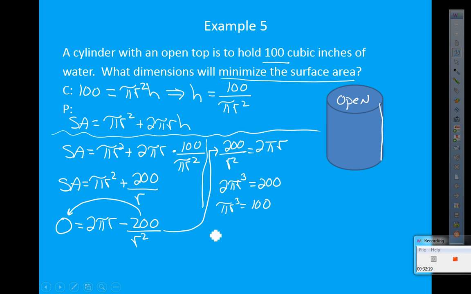To figure out what r is going to be, 100 divided by pi cube rooted. So I'm just going to take that to the 1/3 power. If you run that through, guys, you're going to get r to be about 3.17 inches. But I still need the height of this cylinder.